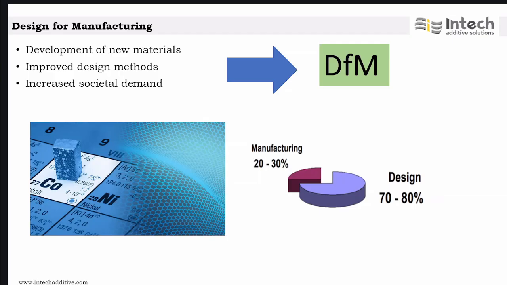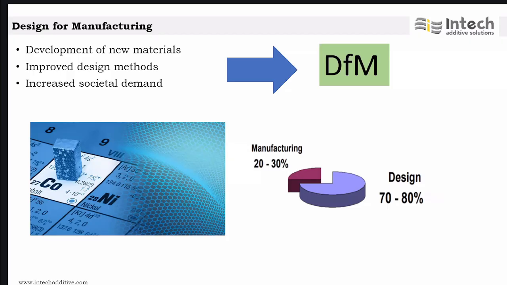In design for manufacturing, you can see that there are three drivers. The first one is development of new materials, then we have improved design methods, and we have increased societal demand. What is the purpose of development of new materials? When new materials come, that enables designs that were impossible before.